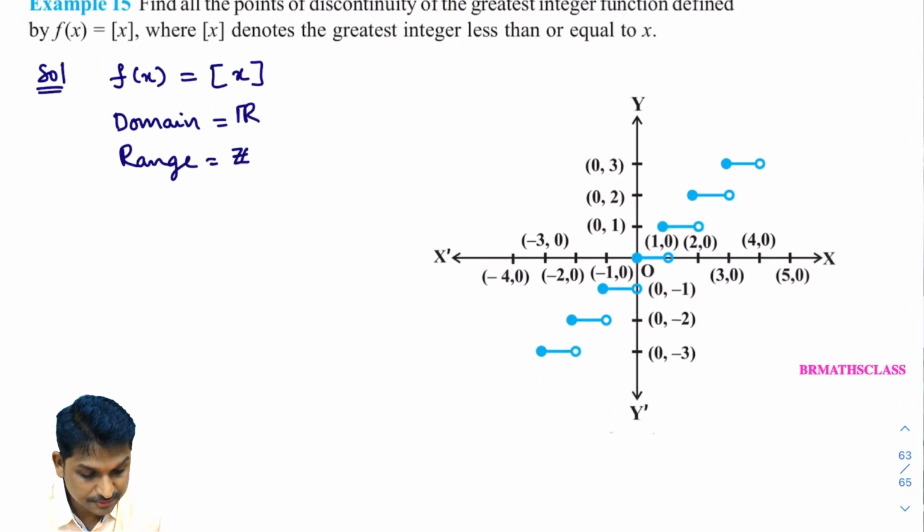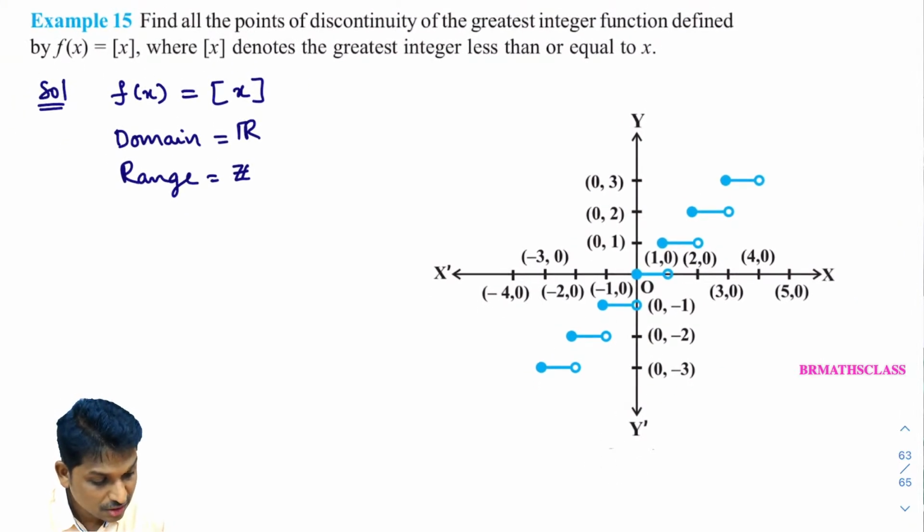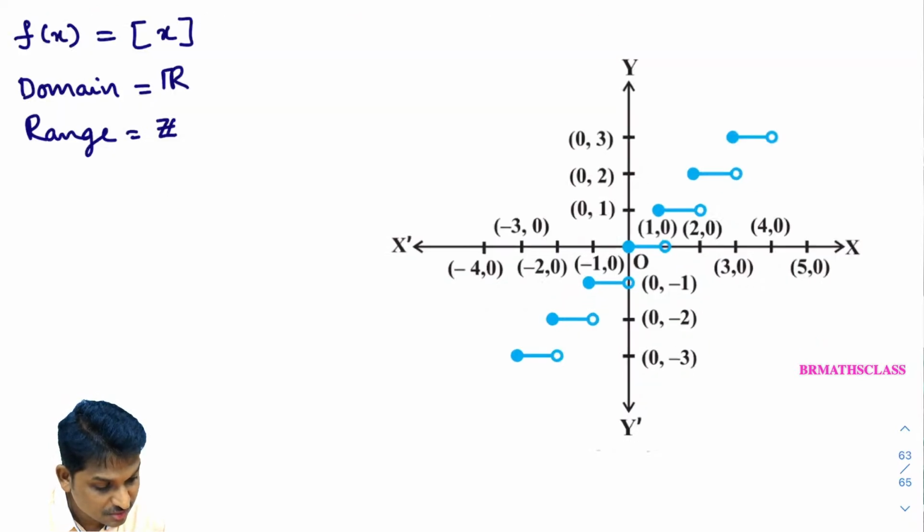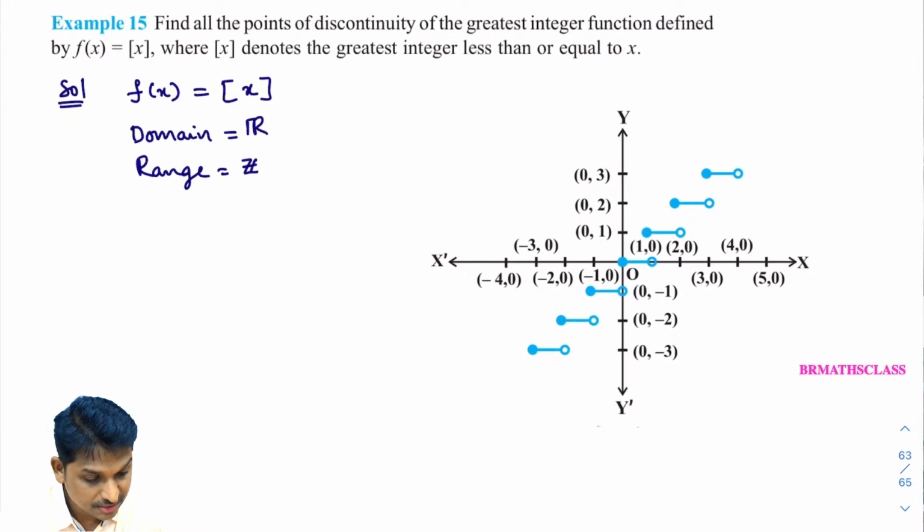You observe at this point, what happened? Look here, at this point a gap is there. Here a gap is there. So what I am trying to say is, the greatest integer function is discontinuous at every integer. Look here, at 2 a gap is there. At 3, look here, a gap is there.